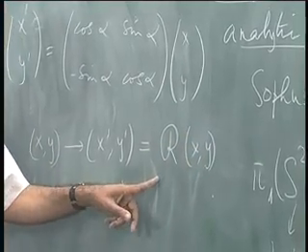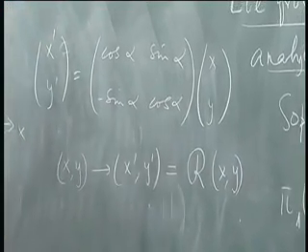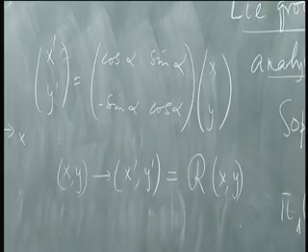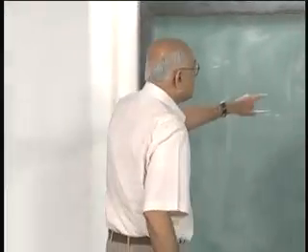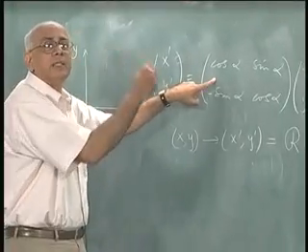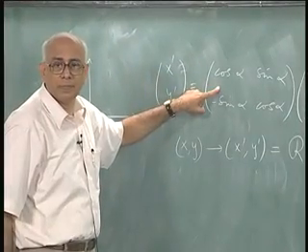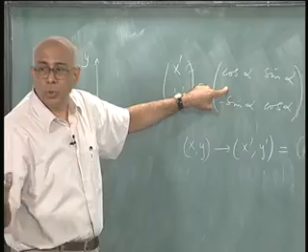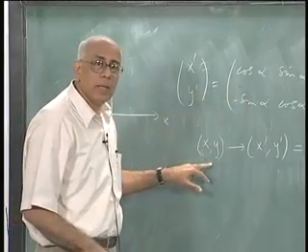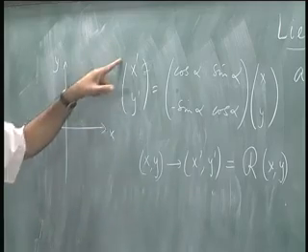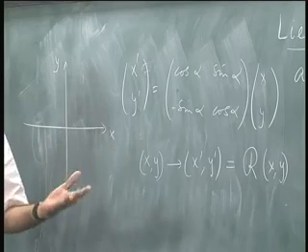So this is my group element, the abstract act of rotating the coordinate axis, the abstract rotation of the coordinate axis. This is a representation of that rotation, because I have chosen to represent a point in the plane by a column vector of this kind, but I needn't have done that.